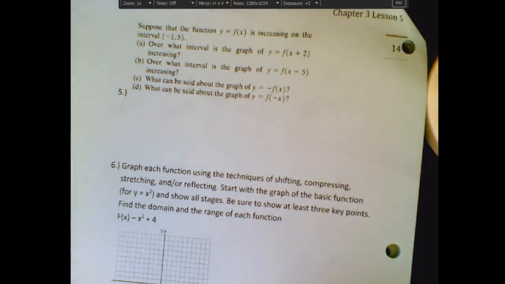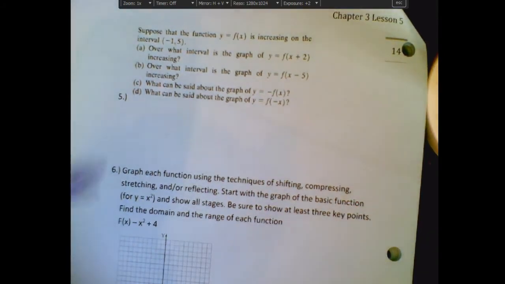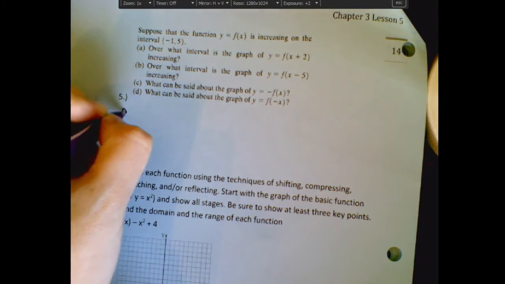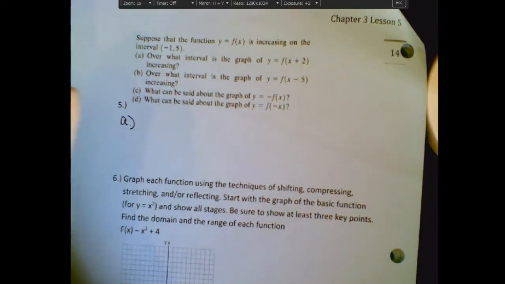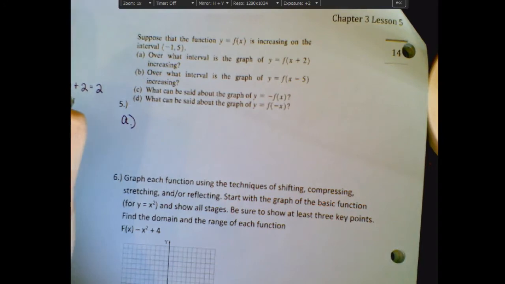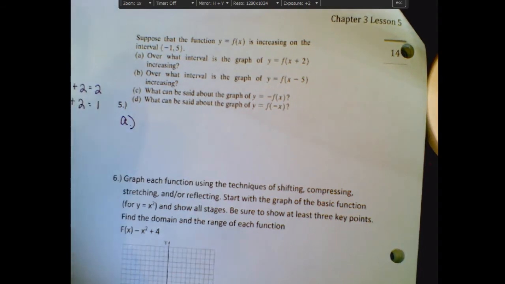So one of the things I had to do is I started looking at where are these points going up. So if I put in 0 and have 0 plus 2 is going to equal 2. If I have negative 1 plus 2, that's going to equal 1. If I have negative 2 plus 2, that equals 0.